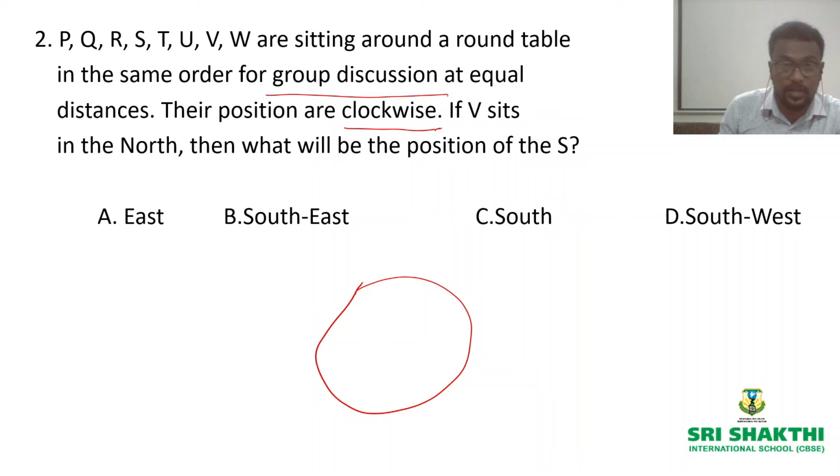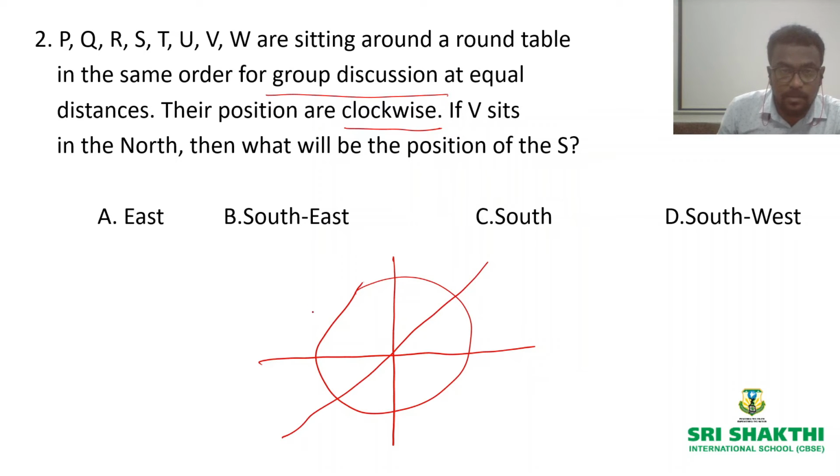This is a hint we have to take in. If V sits in the north, then what will be the position of the Y? So we will be dividing this table into 8 for 8 people at equal distance.